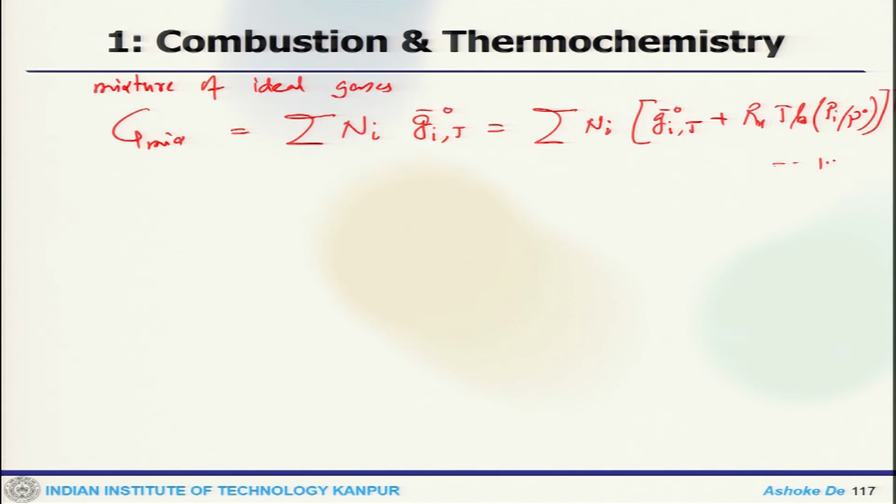So, that is your equation. Now, for a fixed T and P these are fixed. So, you can find out the equilibrium condition that dG mix is 0.